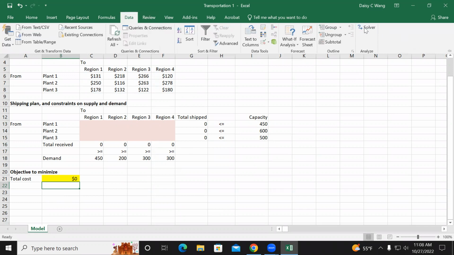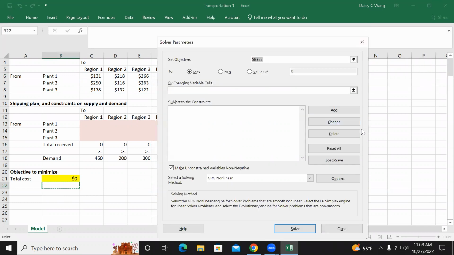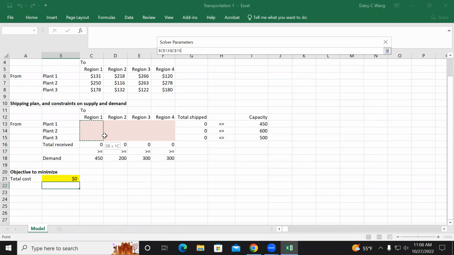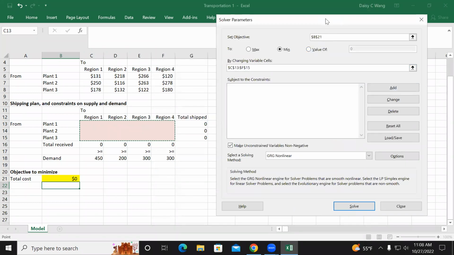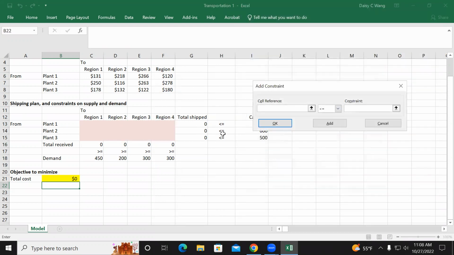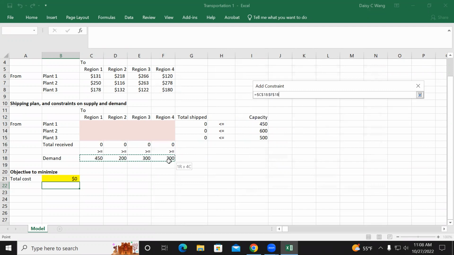Go to Solver. If you cannot find Solver, how do you get it? We need to minimize the cost, by changing the pink area. And then for constraints, we add and find this sign. It's this less than or equal to this. And this greater than or equal to this.